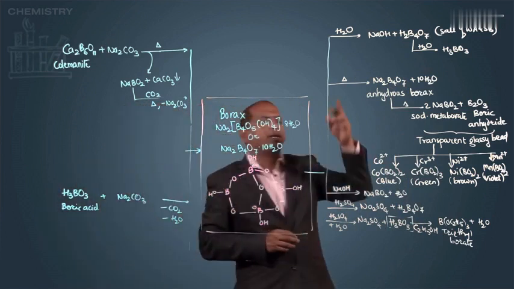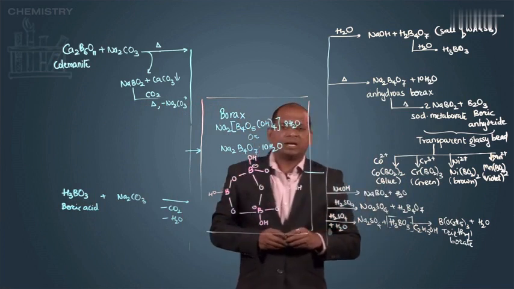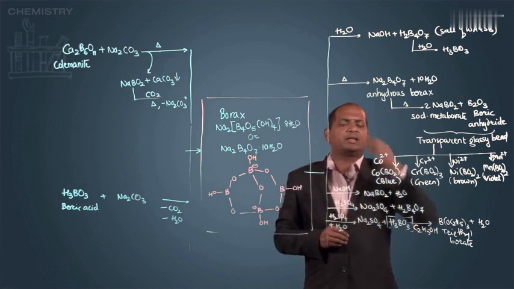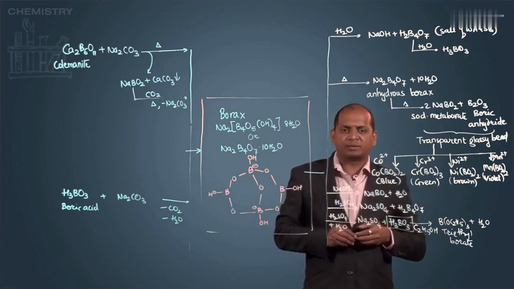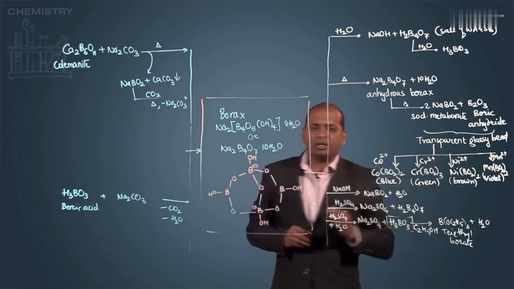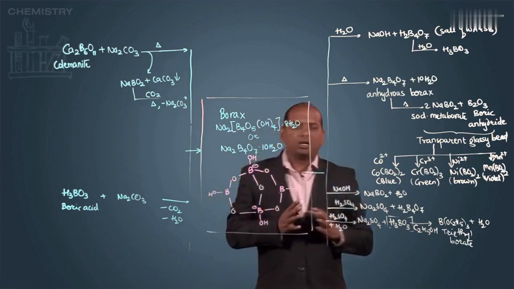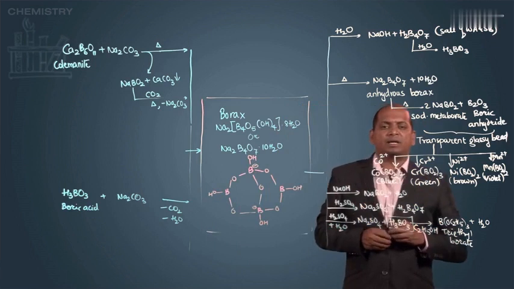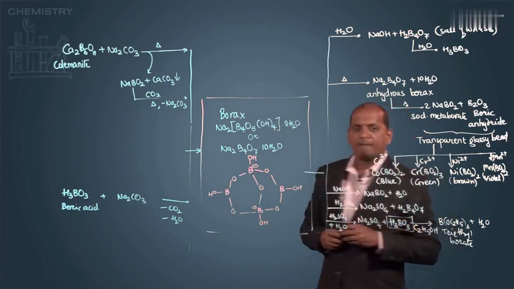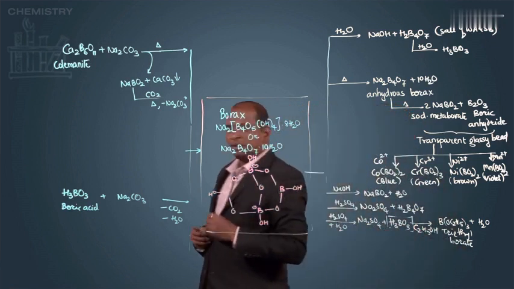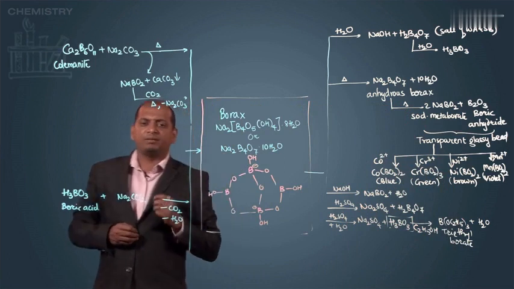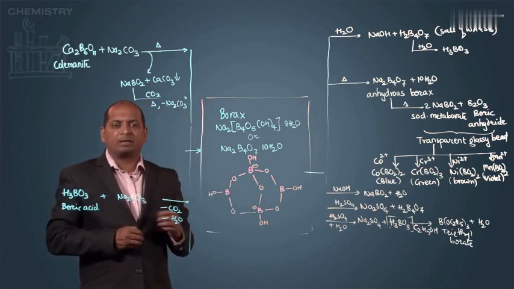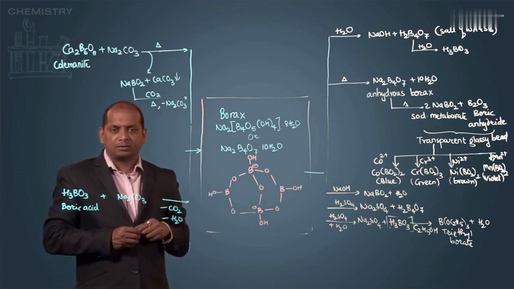Borax on heating first loses its water of crystallization, forming anhydrous borax, which on further strong heating decomposes to give sodium metaborate and boric anhydride, B2O3. Interestingly, we use this reaction during salt analysis, the qualitative analysis of cations.